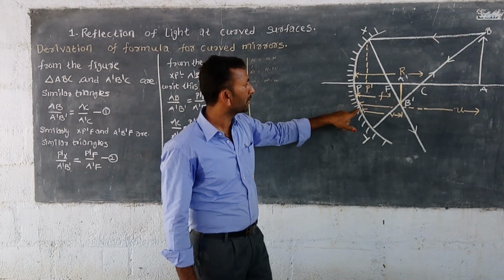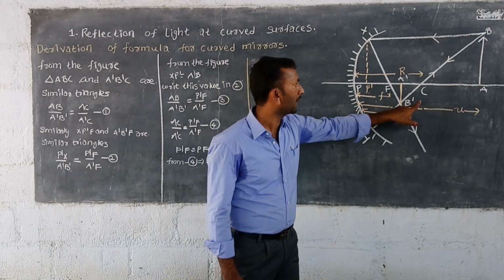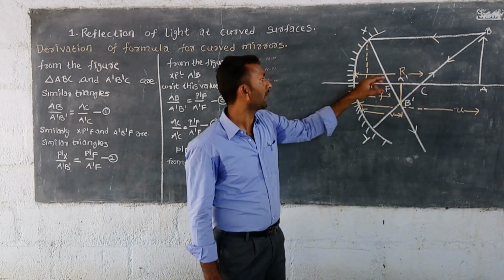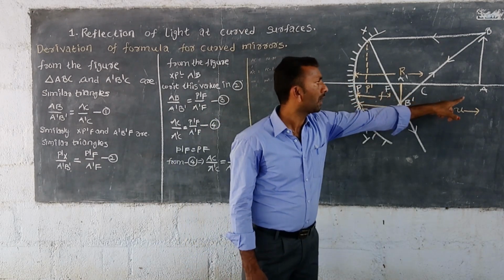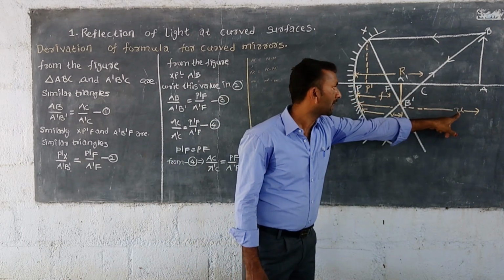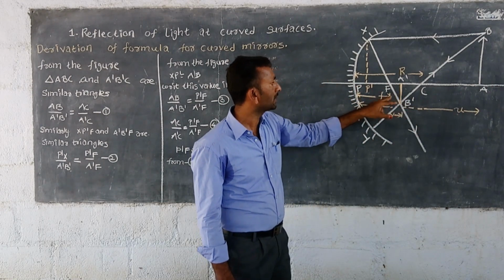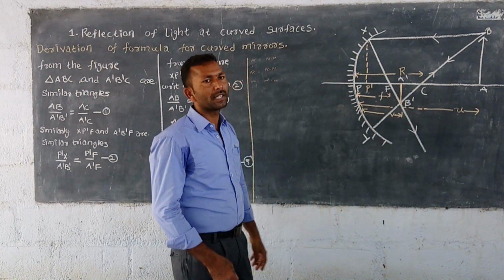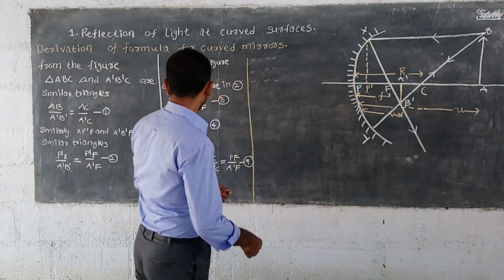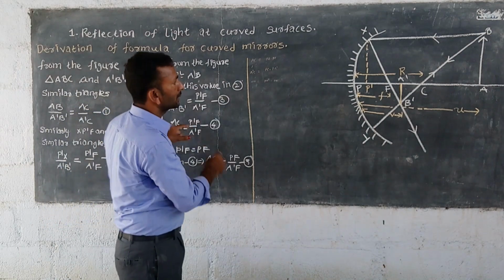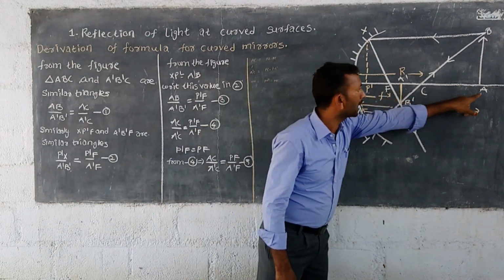The distance between the pole of the mirror and the center of curvature is called the radius of curvature, R. The distance between the pole and the object is indicated by u, and the distance between the pole and the image is indicated by small v. We need to get these values.